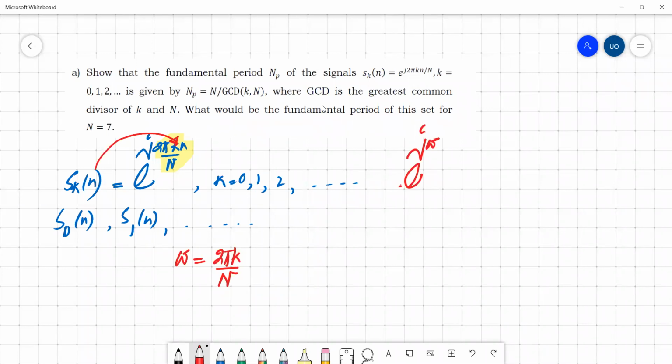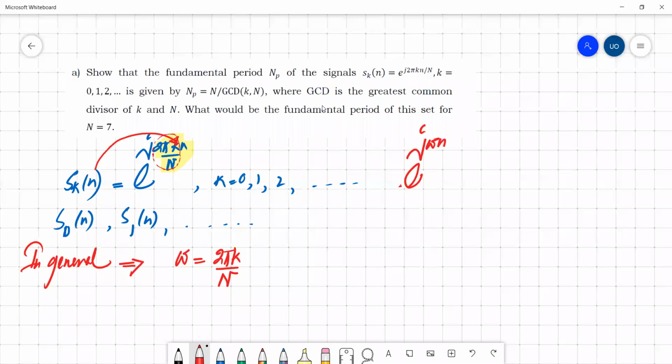In general, the angular frequency of this series of signals is 2 pi k over N. Once you set the value of k, you have the angular frequency of each and every signal, and we can extract it from this expression.